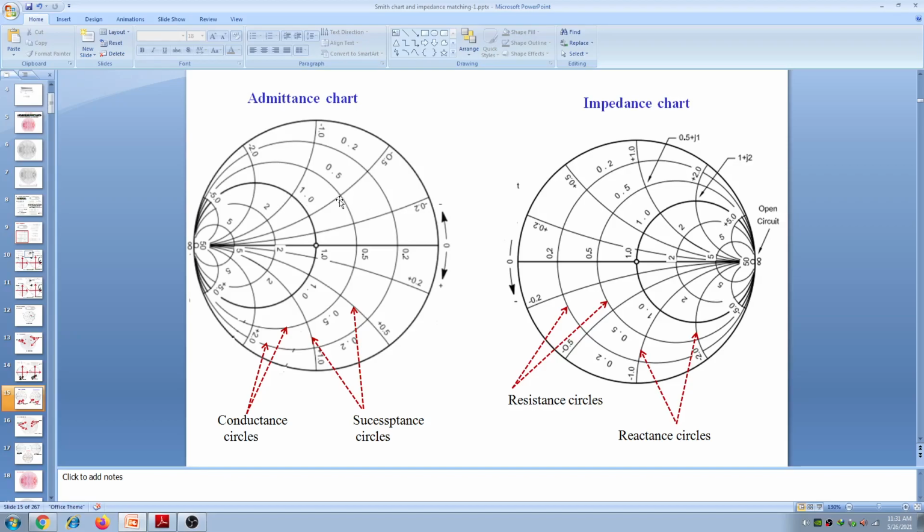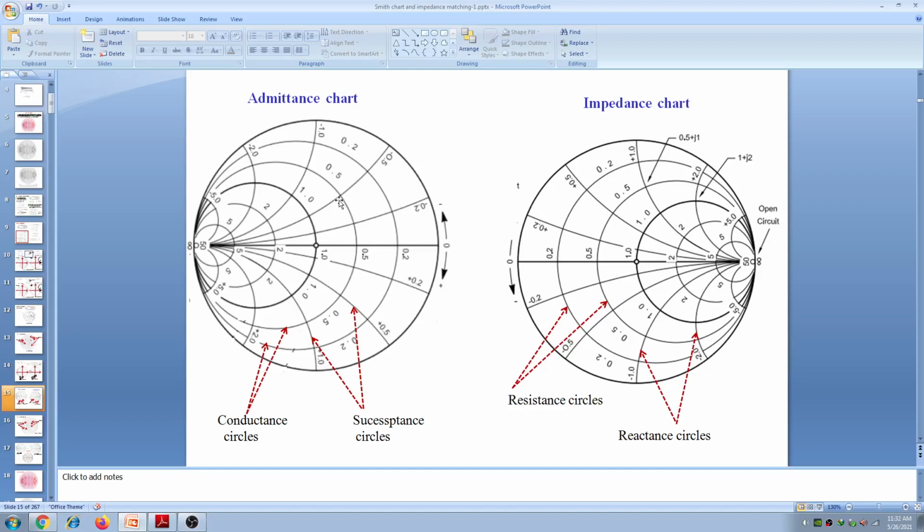For example, what is the conductance value at this position? You see which conductance circle passes through it. This conductance circle has the value plus 0.5, so the conductance is 0.5. And what is the susceptance value at the same position?